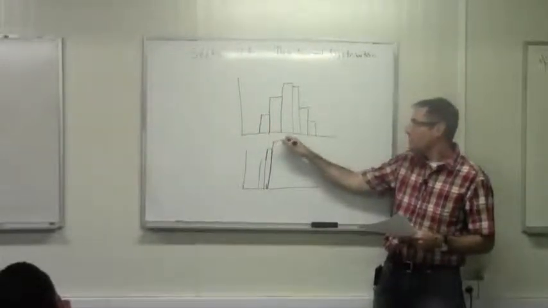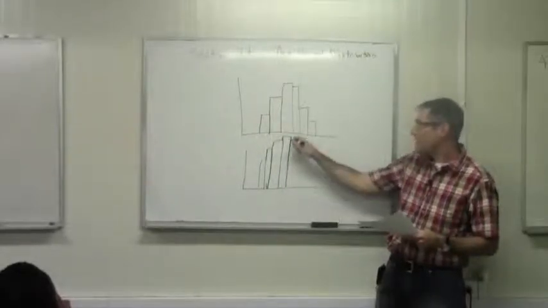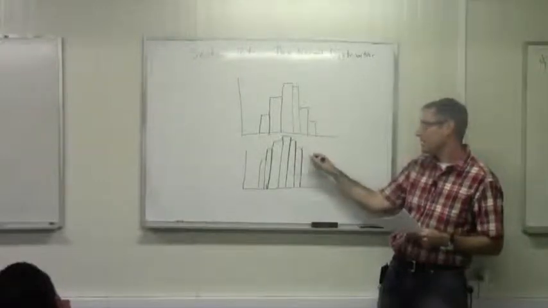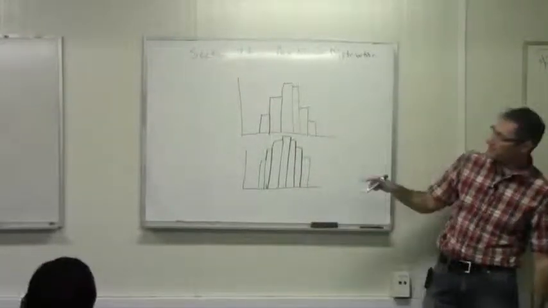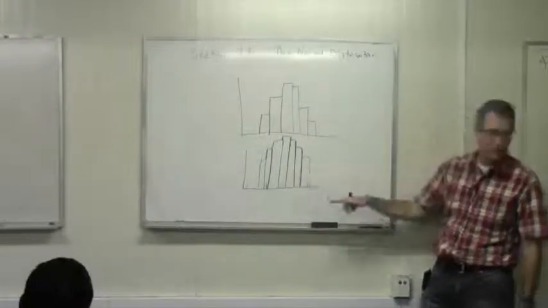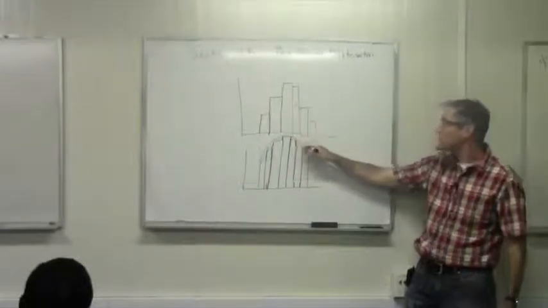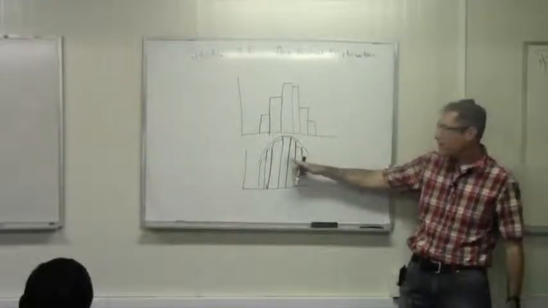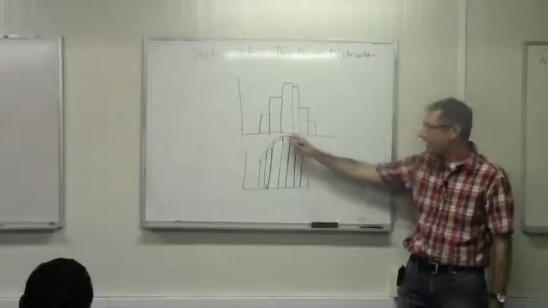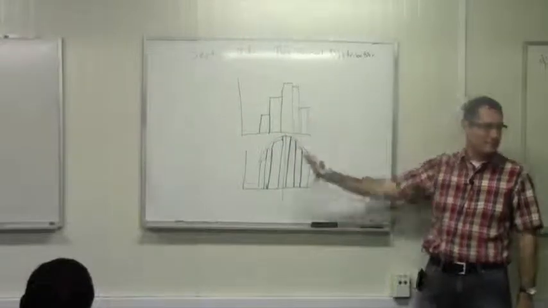Can you notice something different about this graph versus this graph, except that there are more bars? It's a little more average, right? If you folded it in half, this half would look a lot like this half, like if you did a mirror.